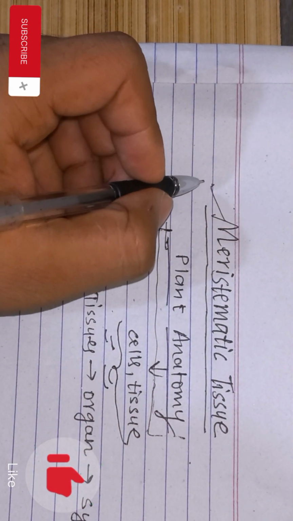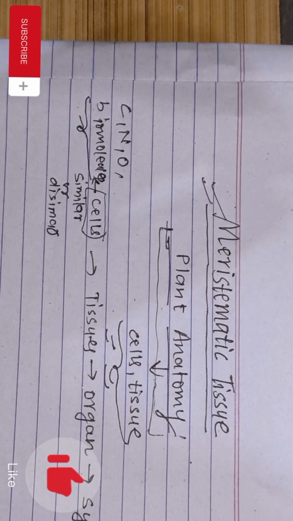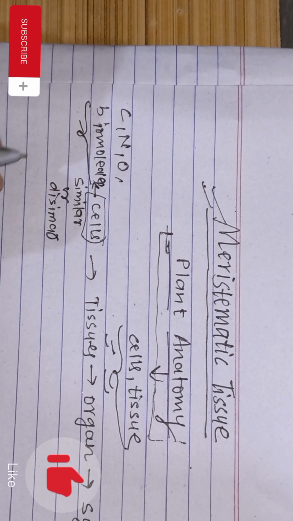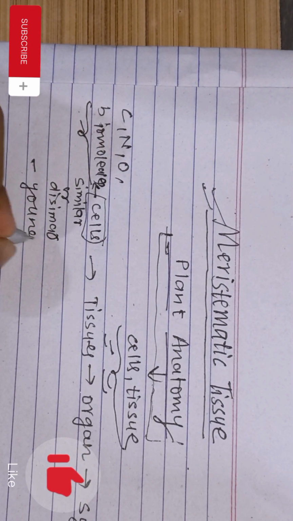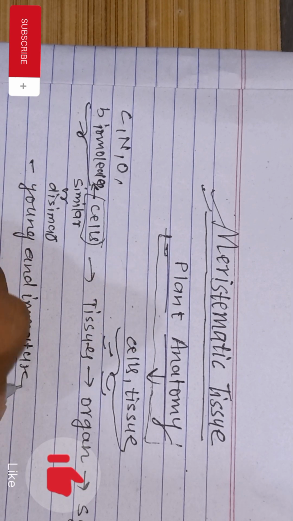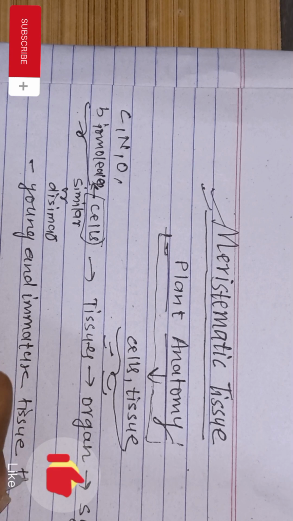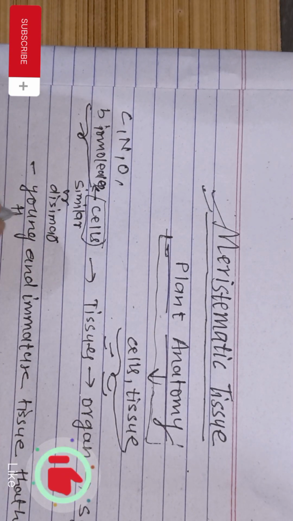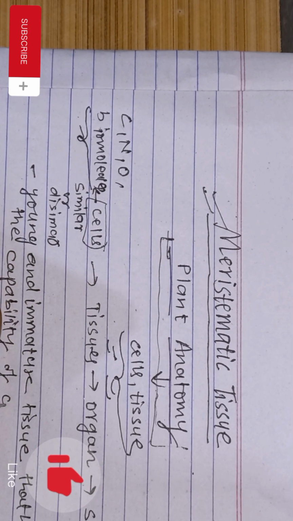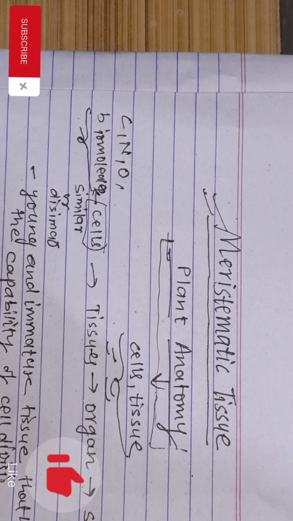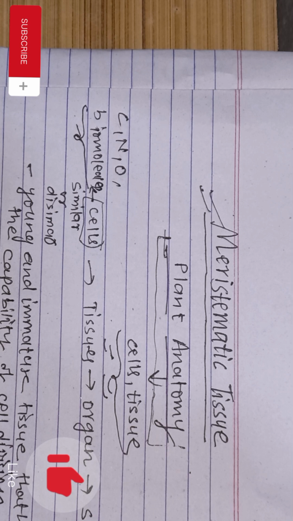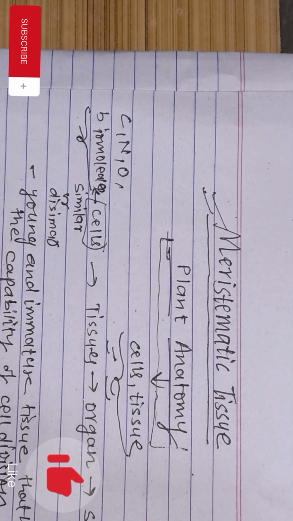First, let's think about what this meristematic tissue is. Meristematic tissues are those young and immature tissues that have the capability of cell division.